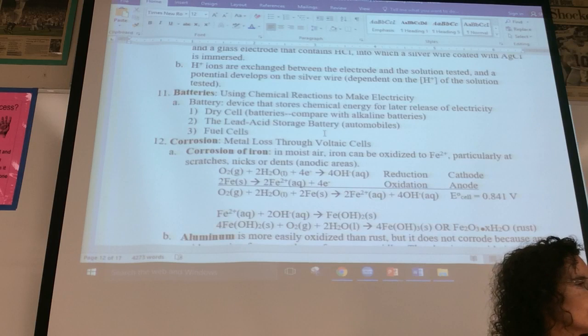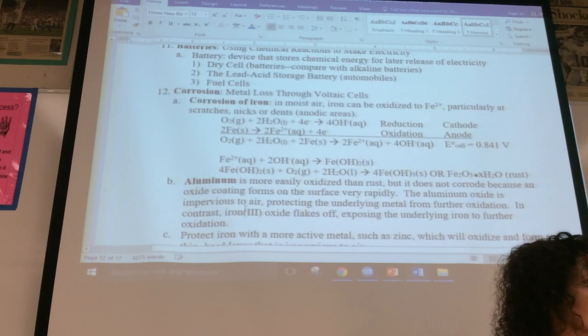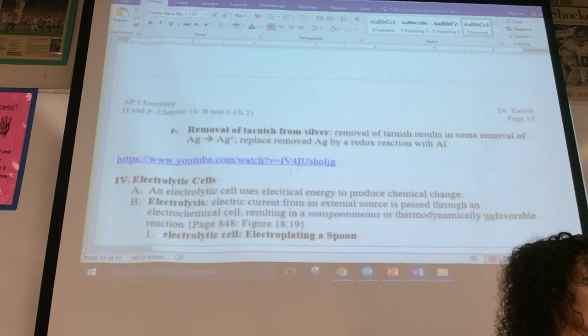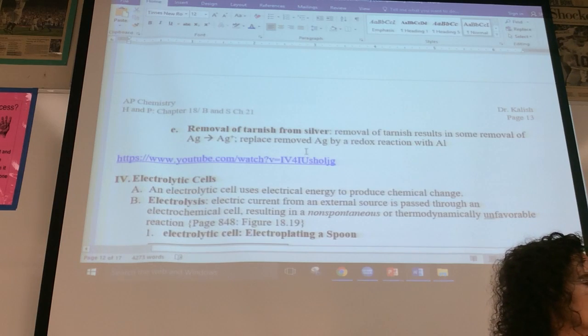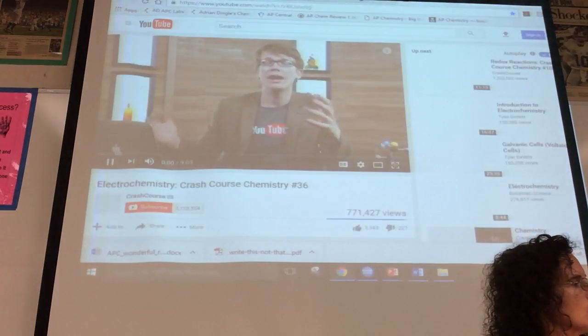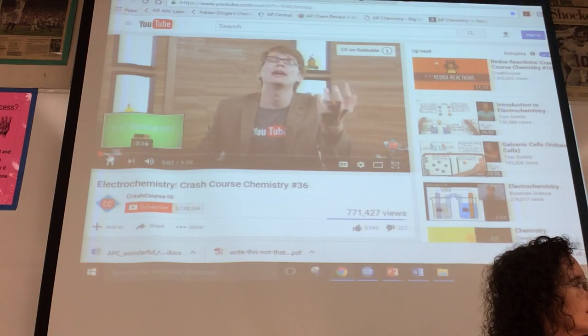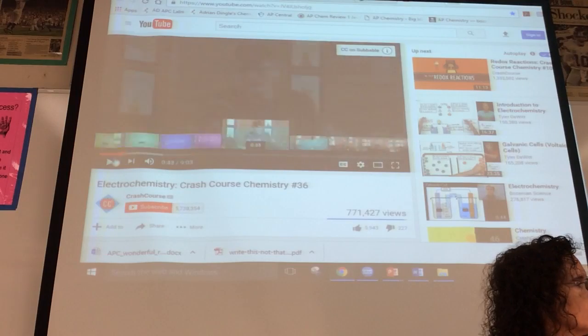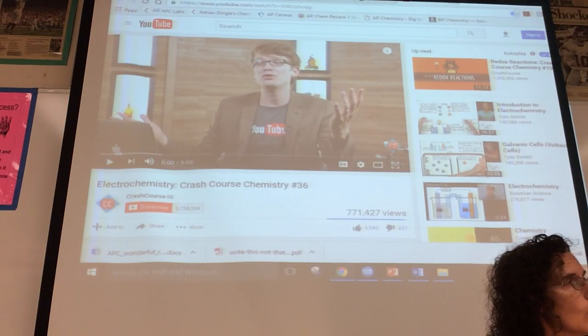But you know that there are all different types of batteries. You know about car batteries, etc. We're not going to talk about corrosion. All this stuff is very interesting, but it's just not what we need right now. There's a little YouTube video here. We can take a look at it at the end if you want. It's just the crash course review, and it just goes over a lot of little pieces. So it may be worth looking at in a little while.